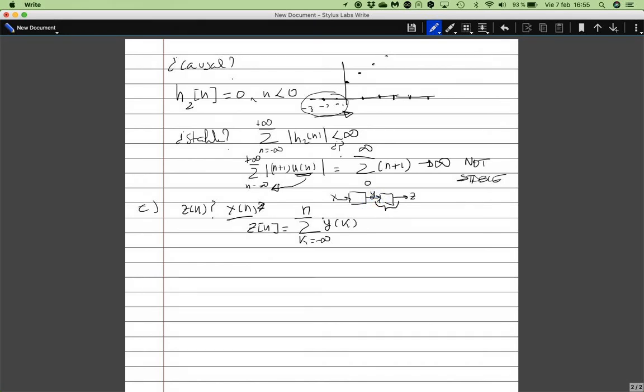Zeta of n equals the summation of y of k, and y is doing the same but now with x. So there is a double summation here. It's a summation from k equal minus infinity to n of y of k, and y of k is the summation, we use another name like m, for example, just not to be confused, from minus infinity to k of x of m.